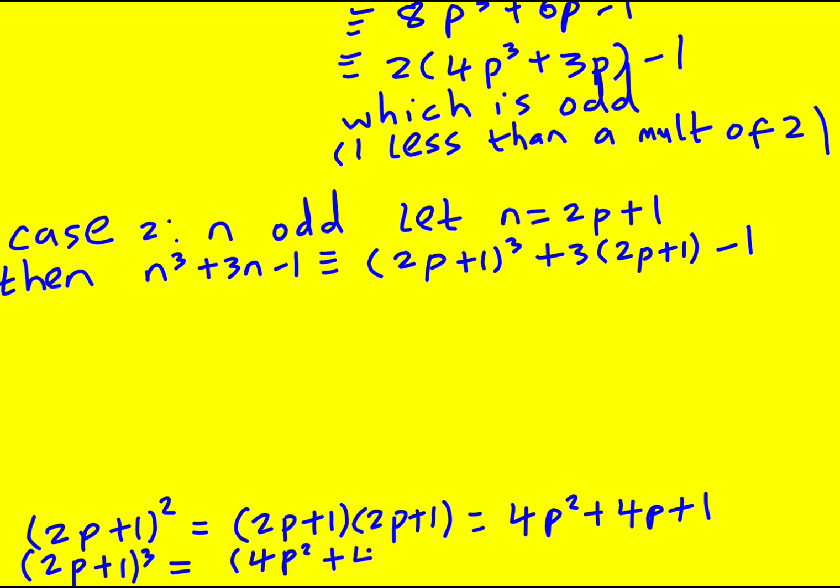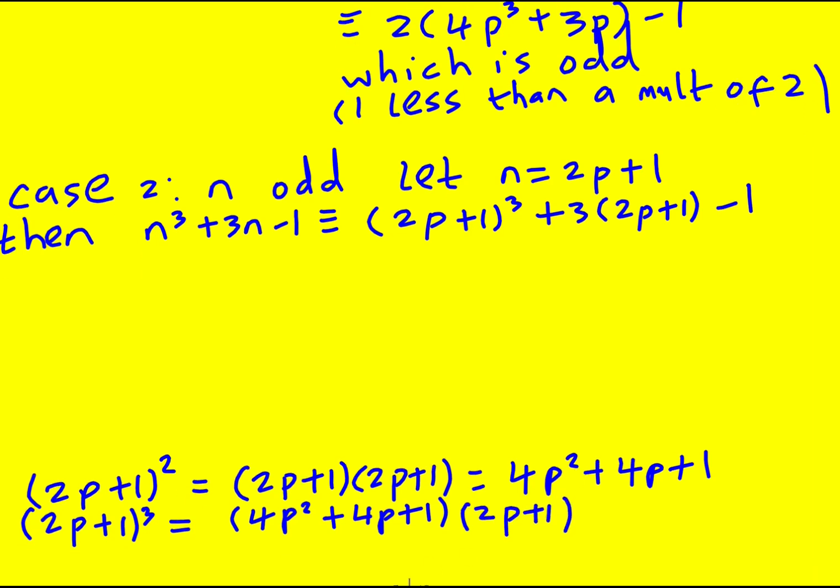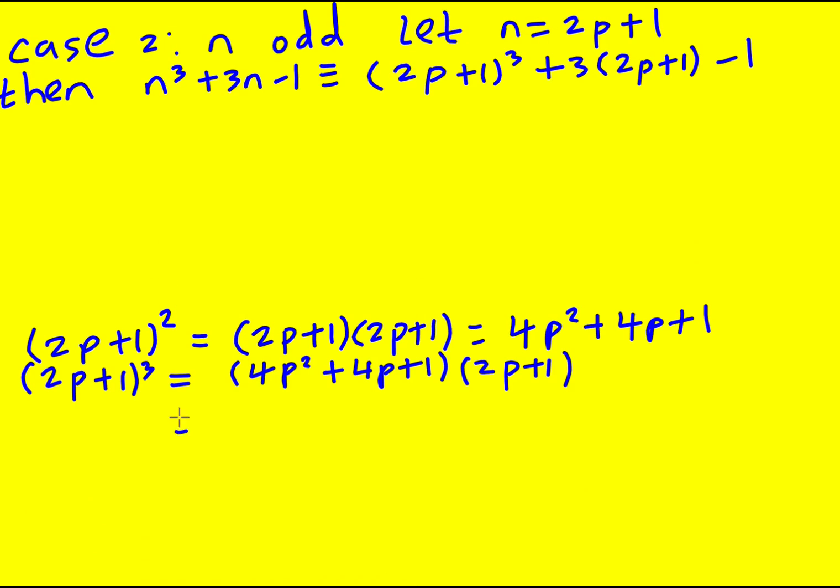You could, in theory, do a binomial expansion, by the way. I'm just going to do it by hand. Eight p cubed plus 4p squared plus 8p squared plus 4p plus 2p plus 1.